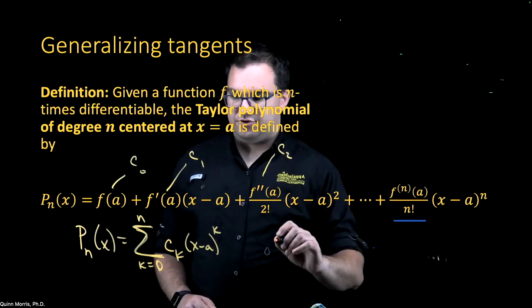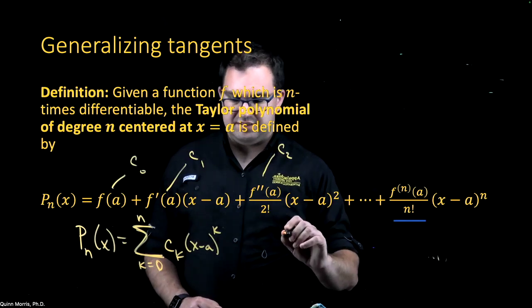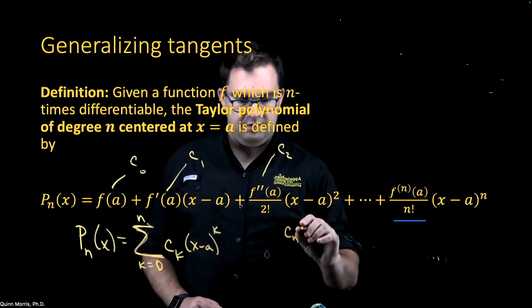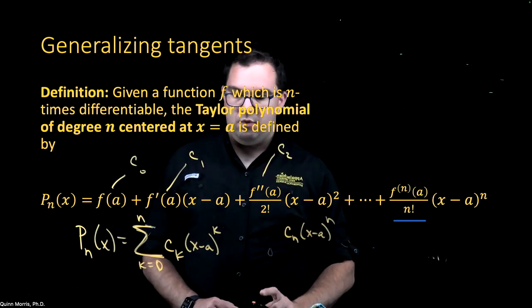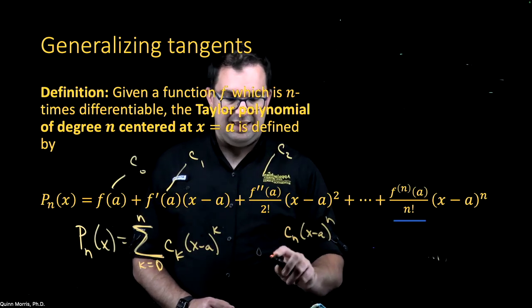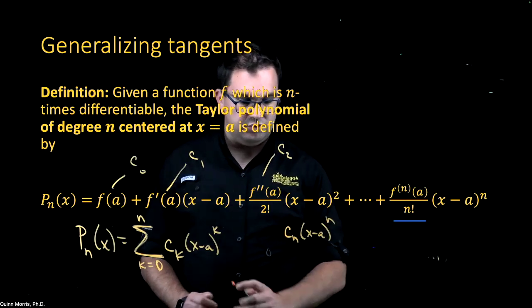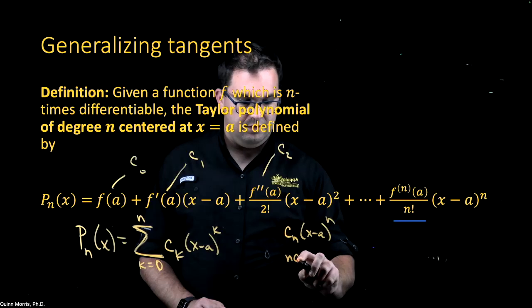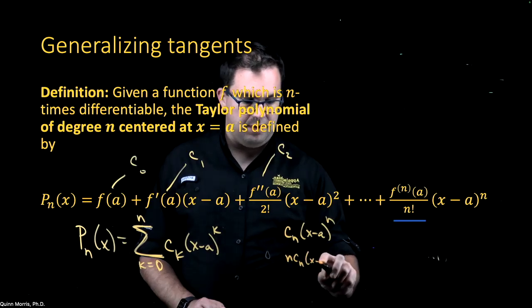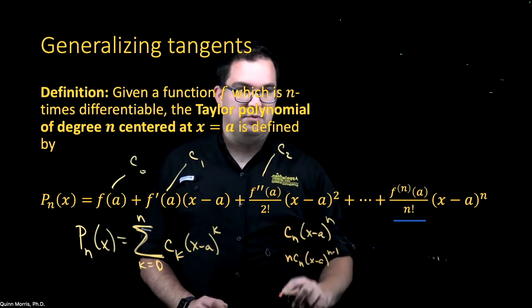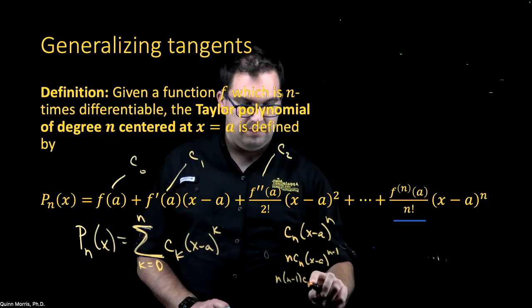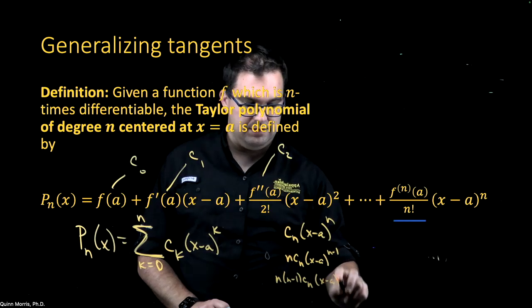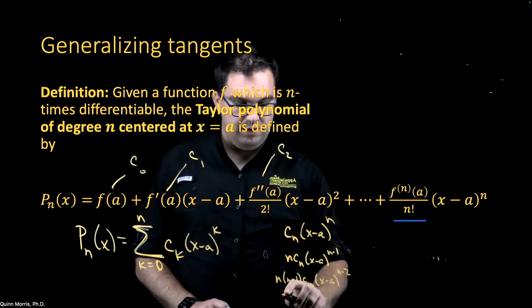But what happens to the nth term itself? The nth term itself is c sub n times x minus a to the n. Now what happens when I take n derivatives of that? Well, when I take the first derivative, I get n times c sub n times x minus a to the n minus 1. Then I bring an n minus 1 down. I get n times n minus 1 times c sub n x minus a to the n minus 2. Now I keep doing this.